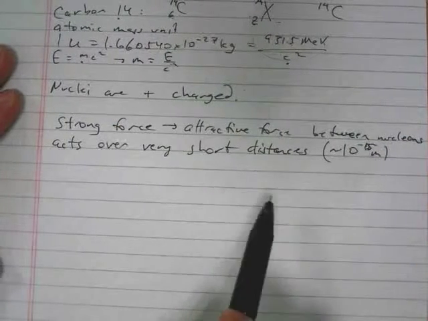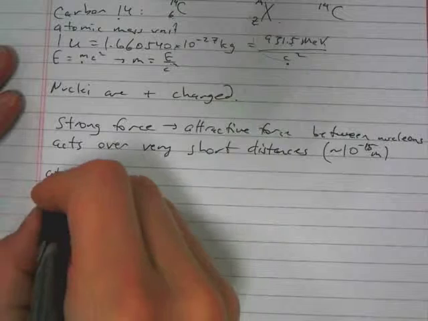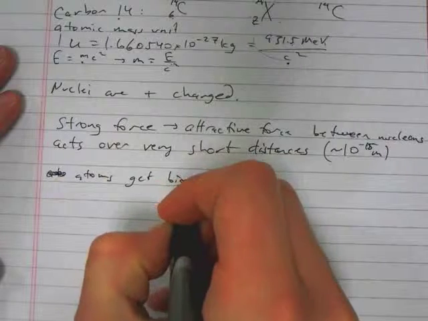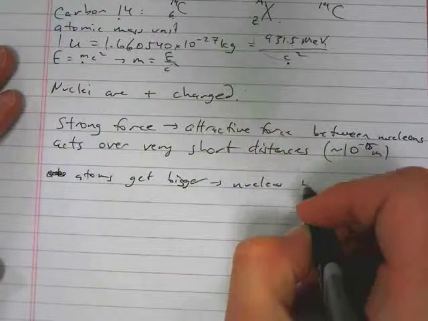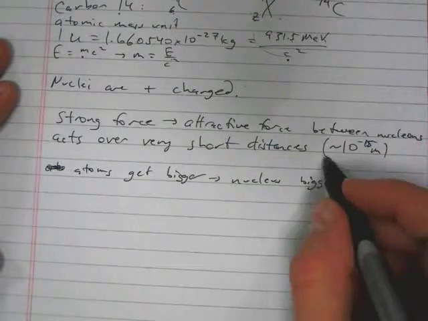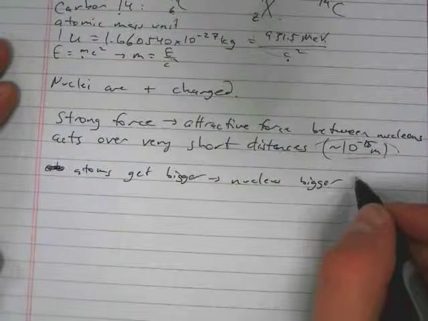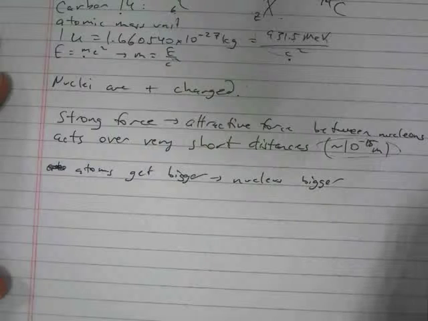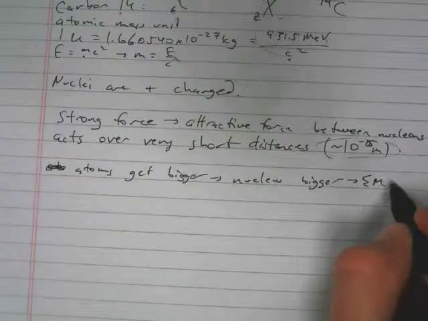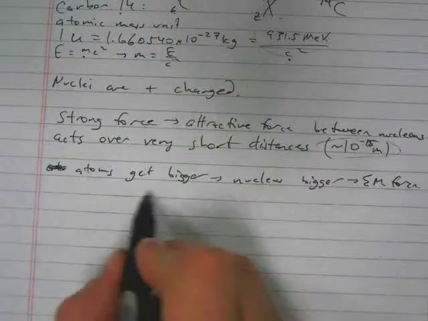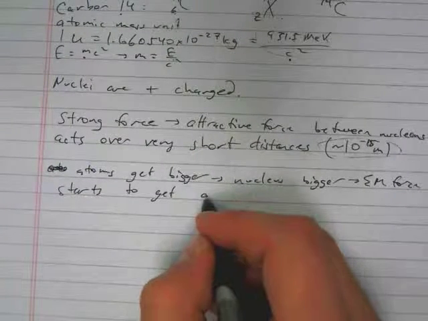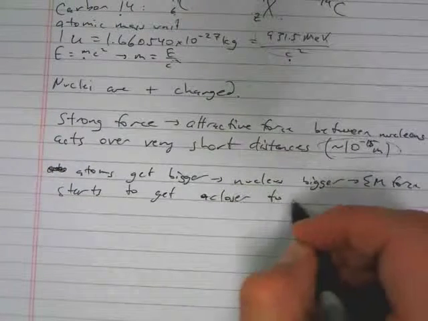As atoms get bigger, the nucleus gets bigger, and at a certain point it gets outside the bounds of how far the strong force can act, and the electromagnetic force starts to get closer to the strong force.